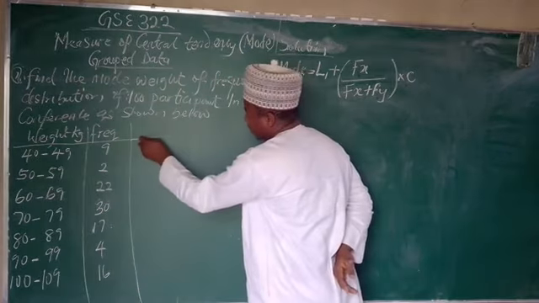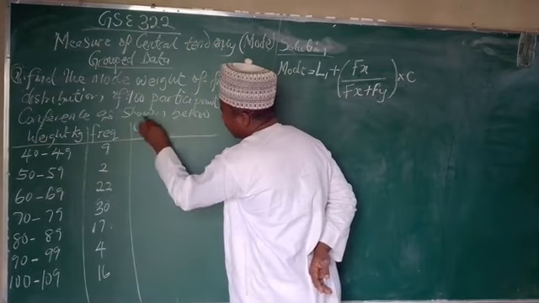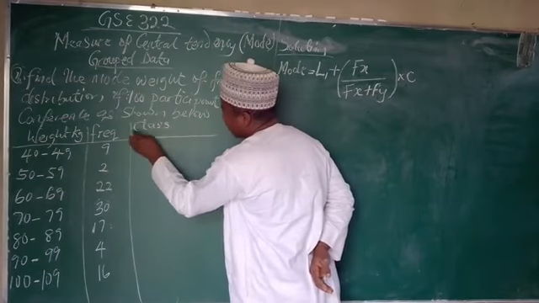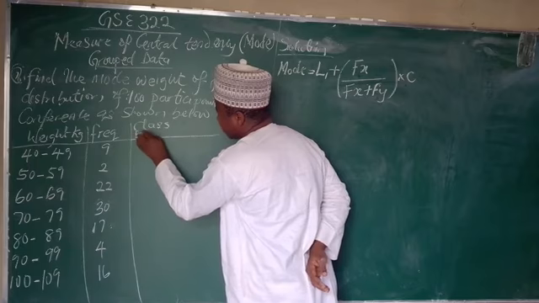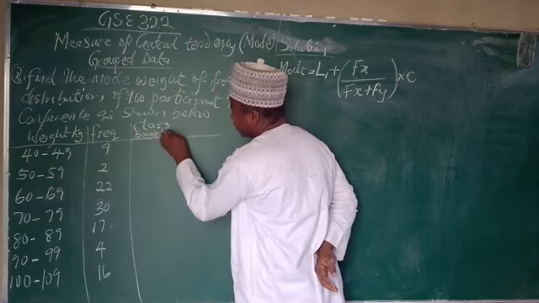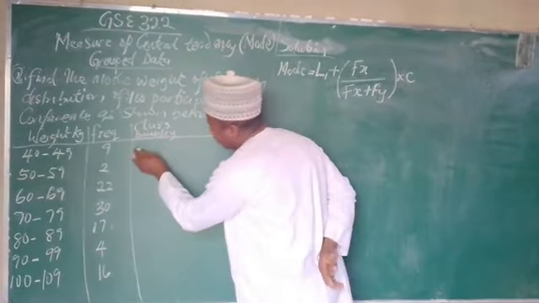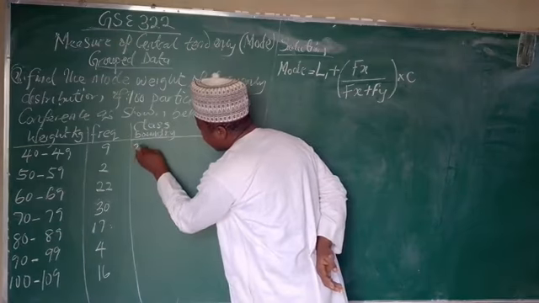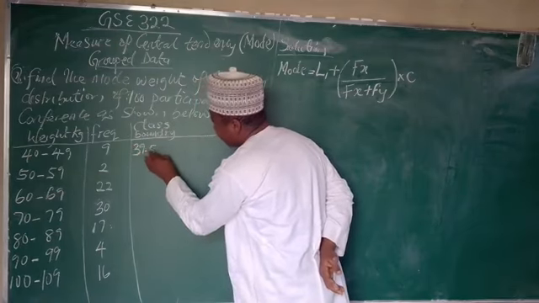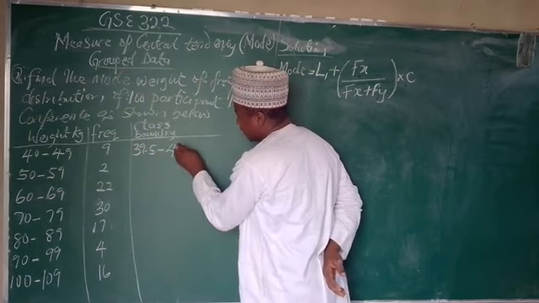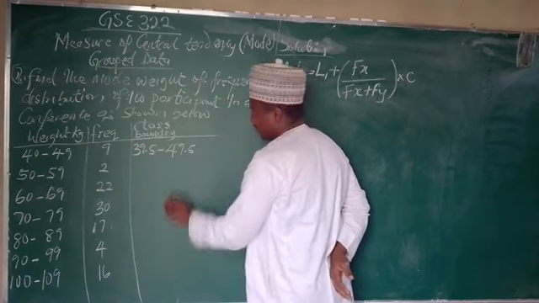Therefore, the class boundary of this distribution is going to be 39.5 to 49.5.